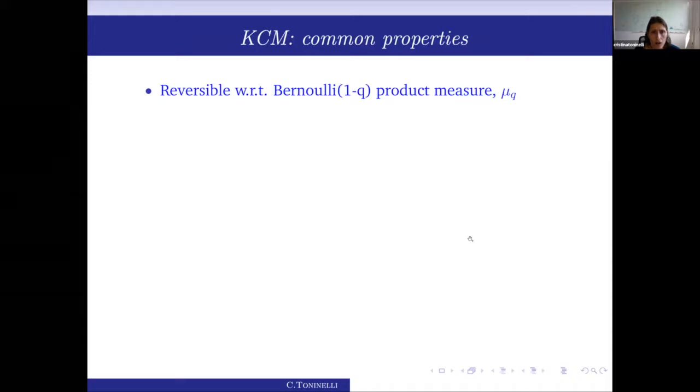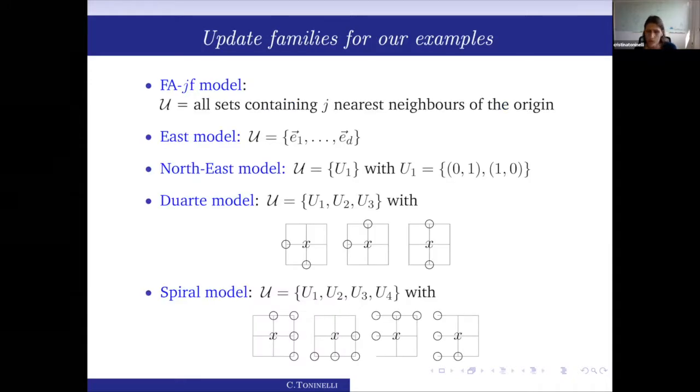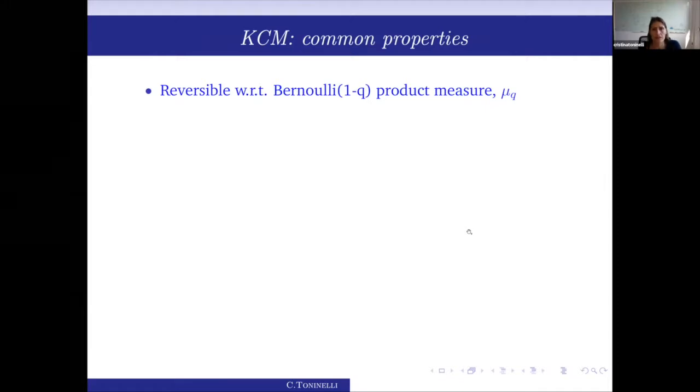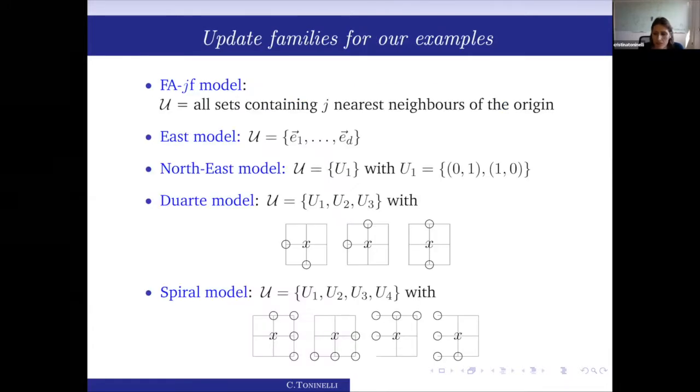What is a common feature of all these models? A common feature is that the constraint never looks at the configuration on the site to be updated, and this comes from the fact that the update family U does not contain the origin.